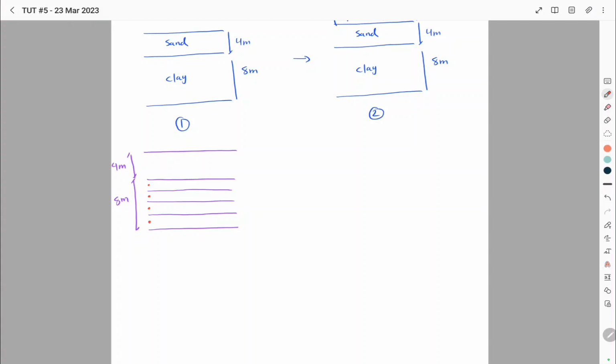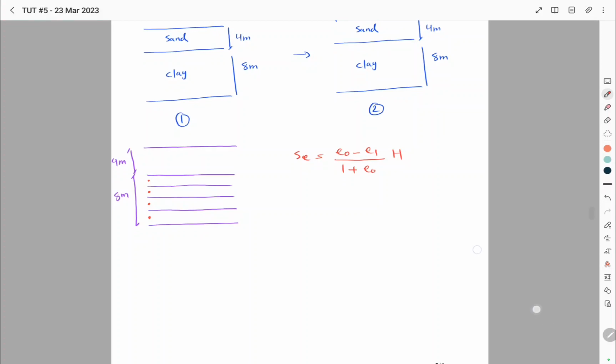And the equation that we are going to use is SC equal to e0 minus e1 divided by 1 plus e0 times H. And H is the thickness of each layer, which is 2 meters or 2000 millimeters.